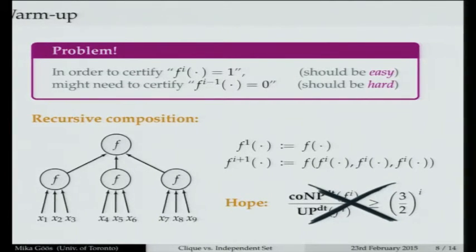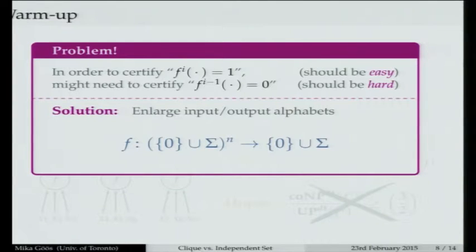Now I still want to use recursive composition in my construction, but we need to overcome things like this. So one solution to this problem is, instead of looking at Boolean functions, I can enlarge the input-output alphabets of our functions.